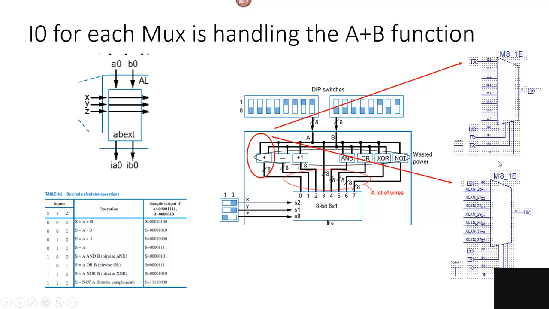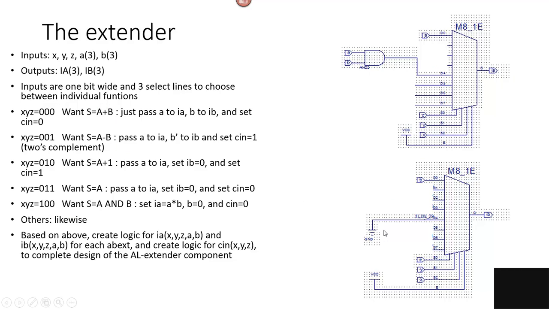I0 for both of the muxes are going to handle A plus B. Notice here, if we have A, we have B, we know the outputs of these are going into the adder, so that would give us A plus B. Let's take a look at one of the other examples. Each of the I lines are going to handle an individual function. The I0 line handles A plus B.